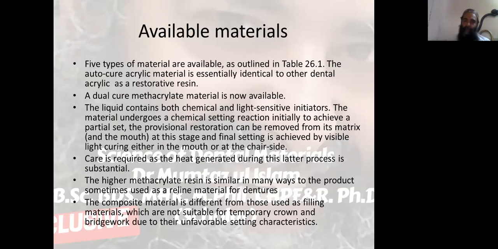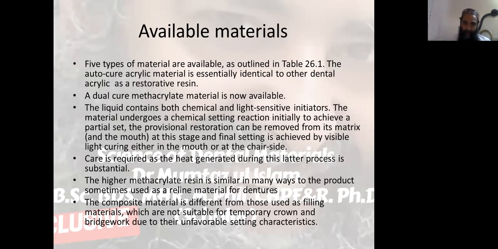Available materials: we know that 5 types of material are available, as we have already discussed. The autocure acrylic material is essentially identical to other dental acrylics as a restorative resin.